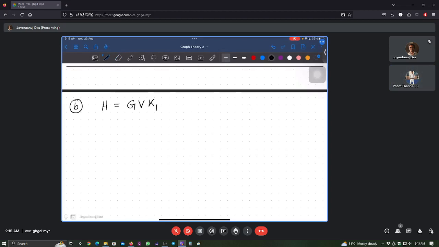So now we have to prove that the chromatic polynomial of H is actually the same as K times the chromatic polynomial of G with K minus 1.